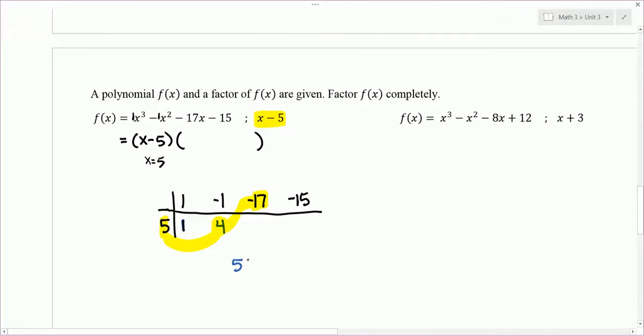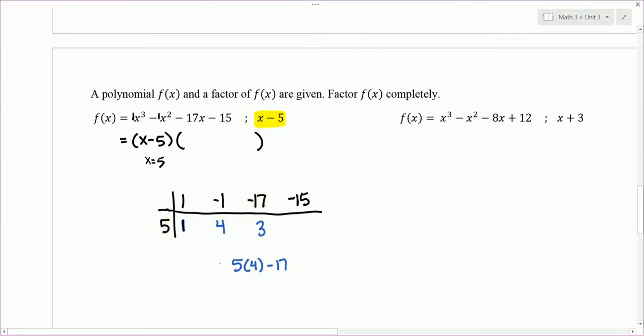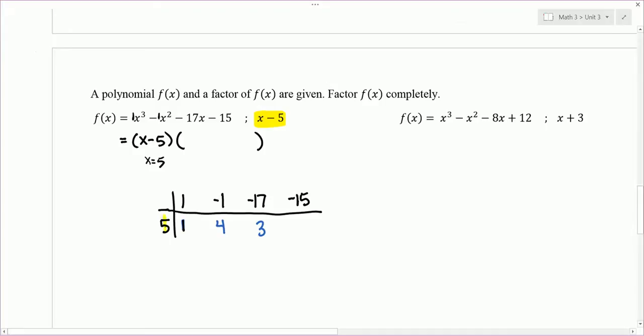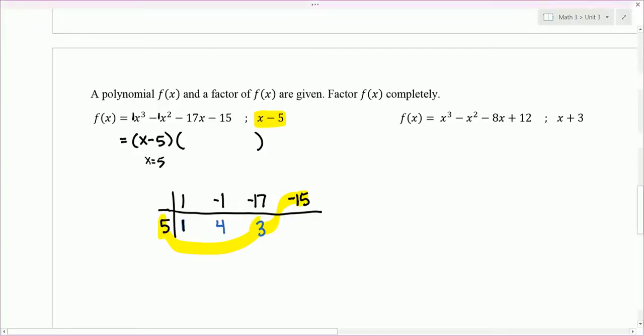Well, 5 times 4 is 20. 20 minus 17 is 3. And last time here, 5 times 3 plus negative 15, which is 0.